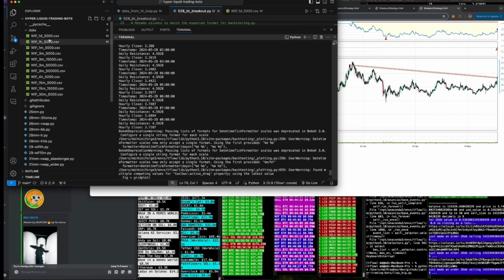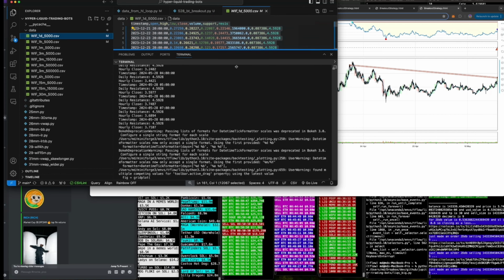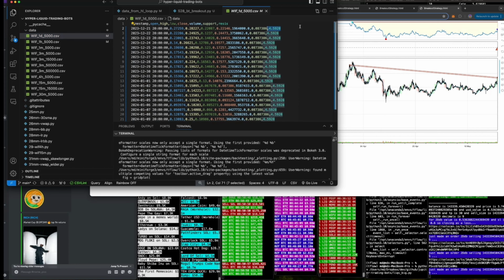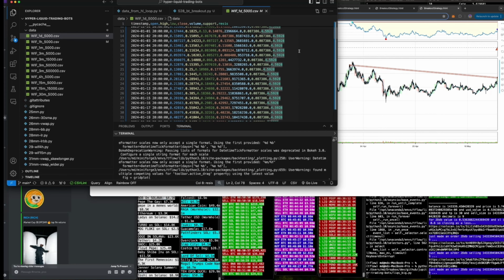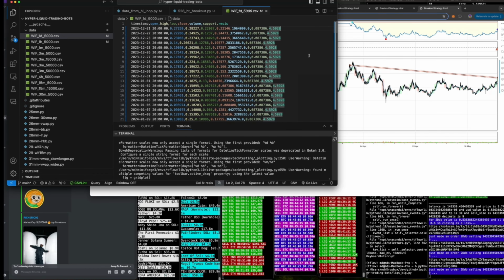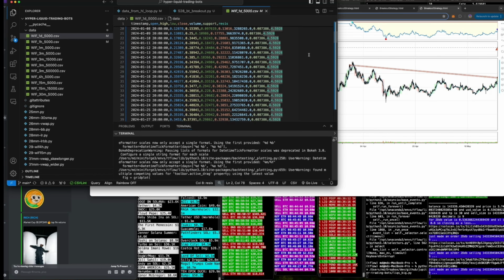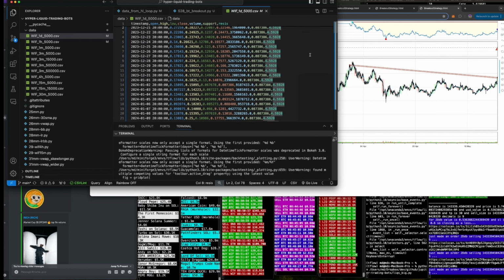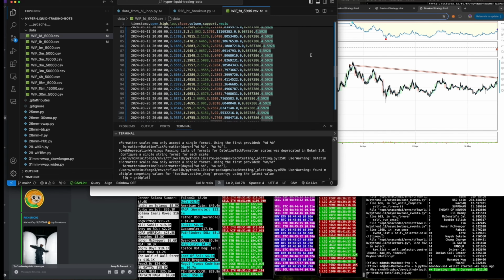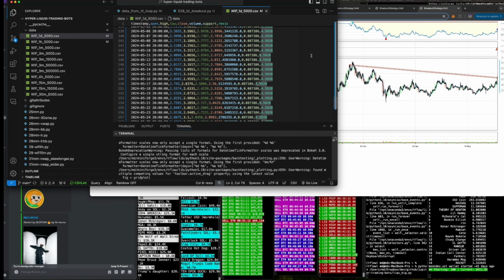Let's go look at that data here. 1 day. Okay, resistance here. So this is the resistance. It's always 4.59 since the day it started. That's why there's no trades. I think my support and resistance thing's messed up.